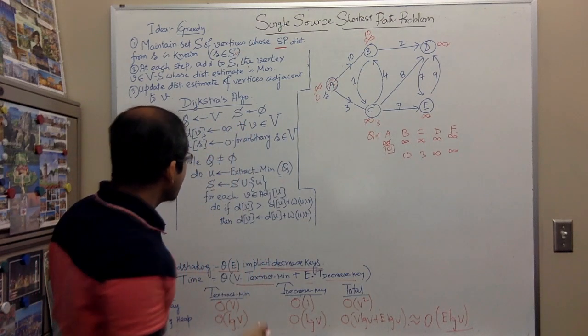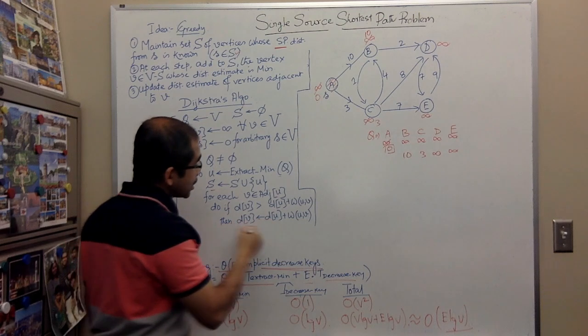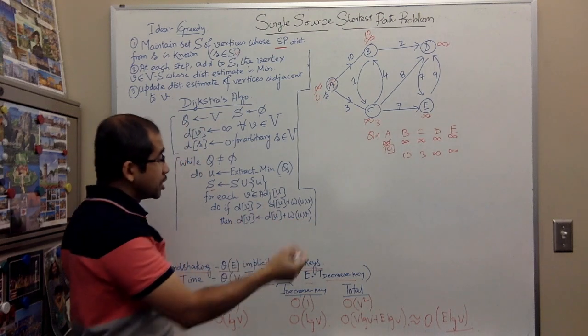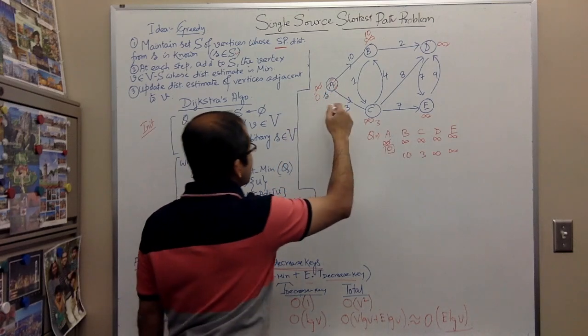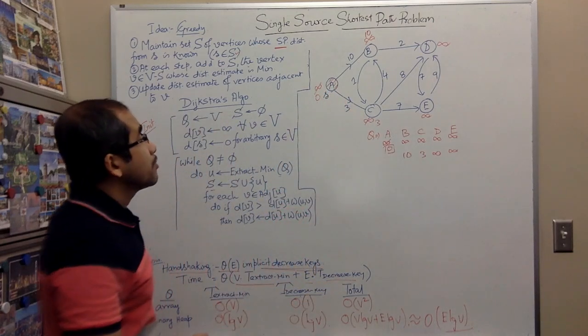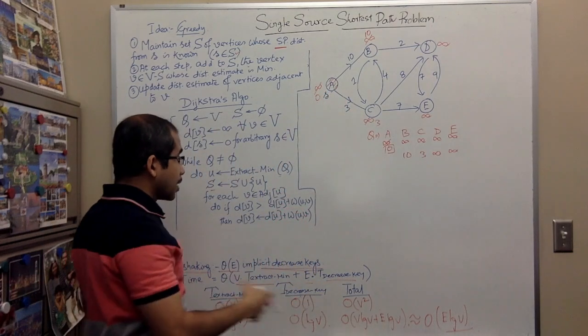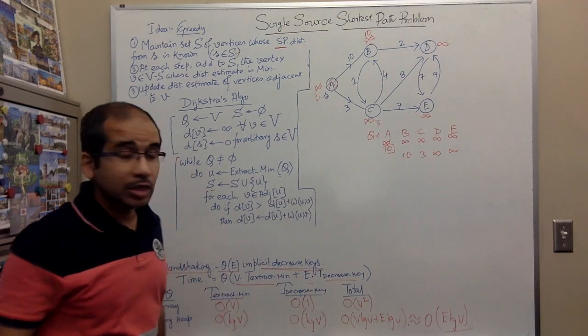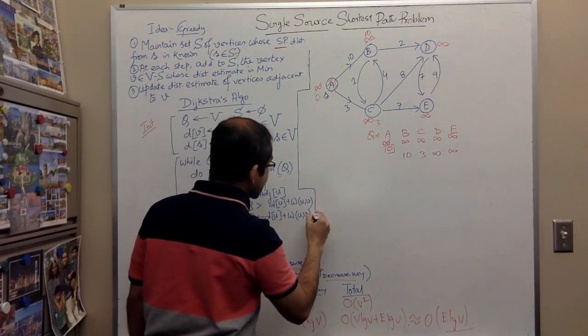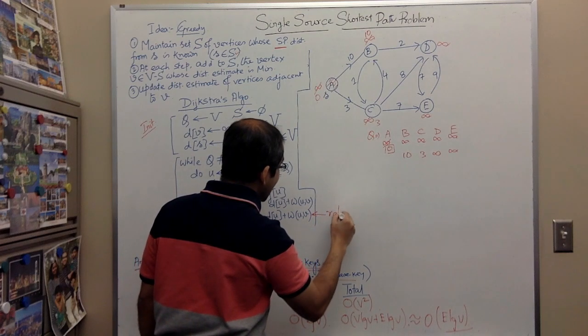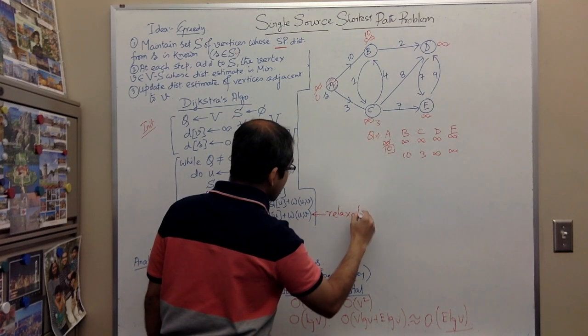Now you see here this step, what it does, it is actually reducing the distance estimate of that particular vertex reachable from the source. Now every step we can do this operation of reducing the distance estimate many times, and this step is called relaxing an edge, or relaxation. Okay, relaxation.